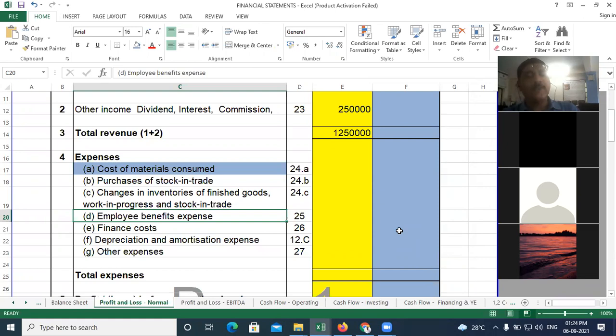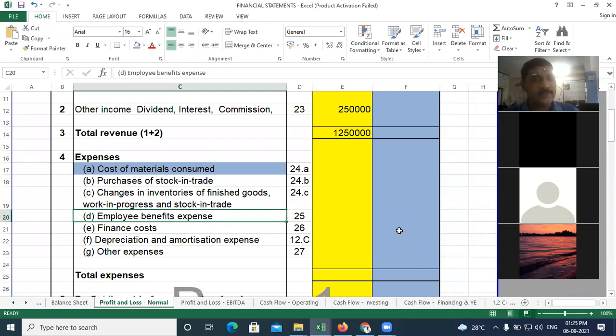When an employee is working in an organization, whatever benefit he gets in terms of rupees, cash, will be taken as employee benefit expenses. What are examples of employee benefit expenses? The worker working in your factory, for whom we are paying wages. So wages is one component of employee benefit expenses. The employees working in the office get salary. So salary is a second component.